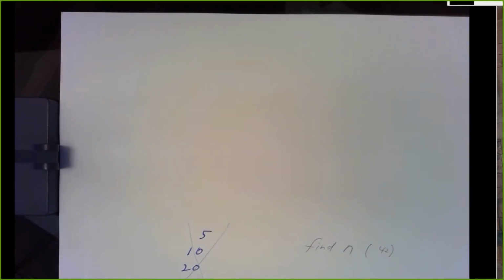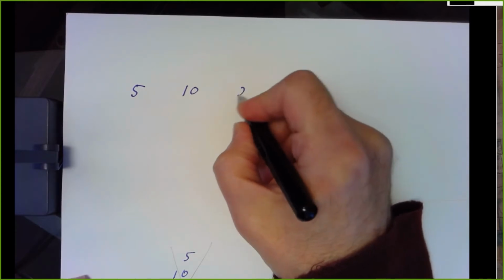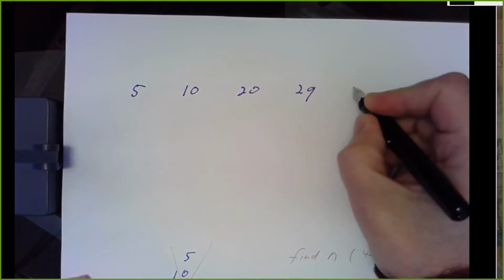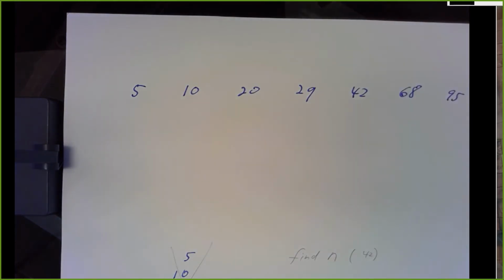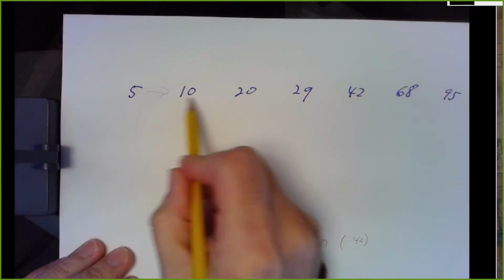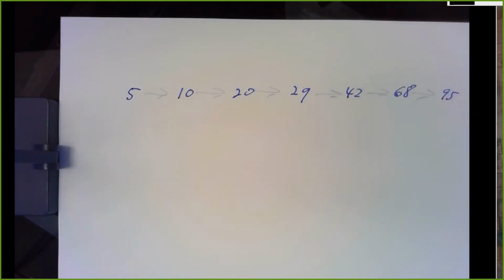Now, if we try to do this with a linked list, we get into some problems. So let me put this data in a linked list. All right, standard linked list.